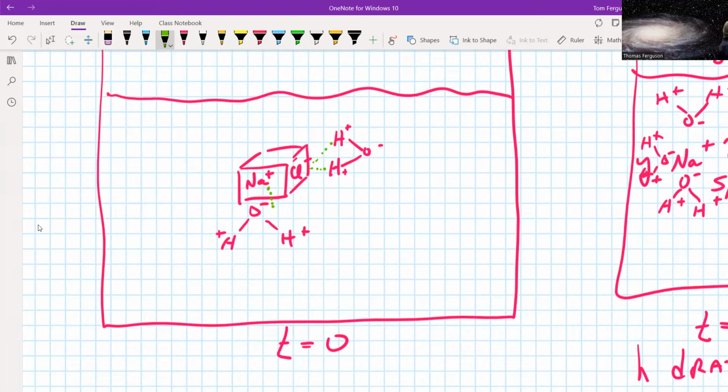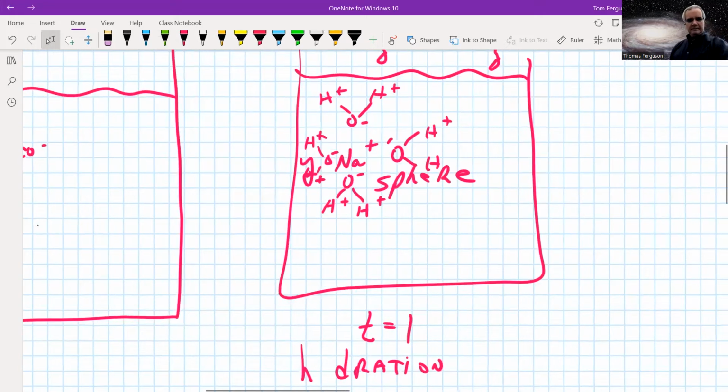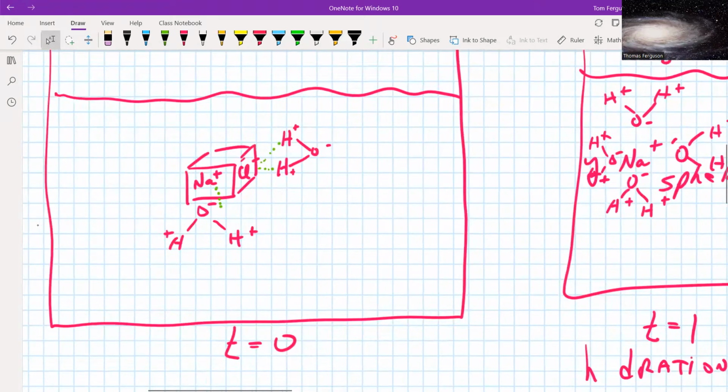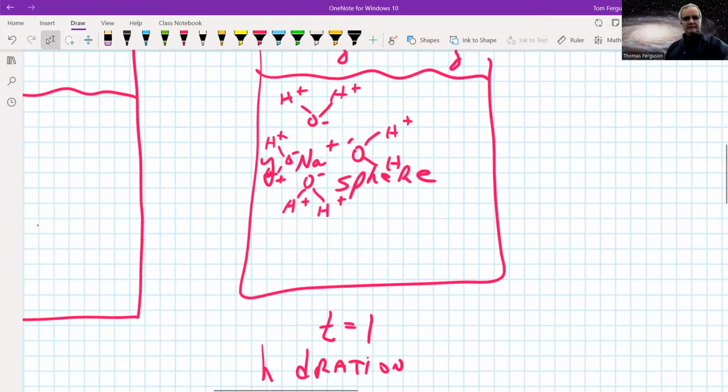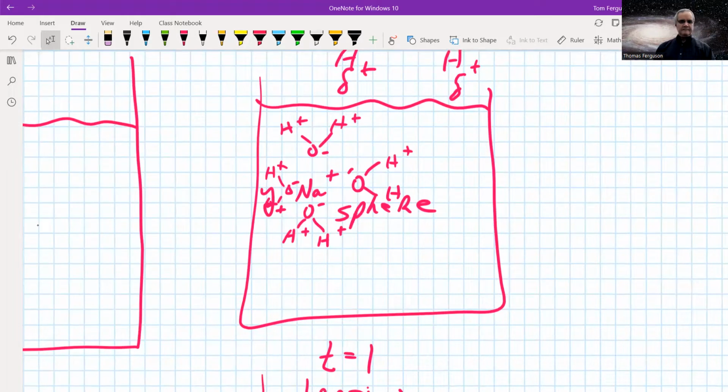So at time 0, we dump the salt in. At time 1, this is what's going on. The sodium cation is being surrounded by water molecules that have pulled it out.